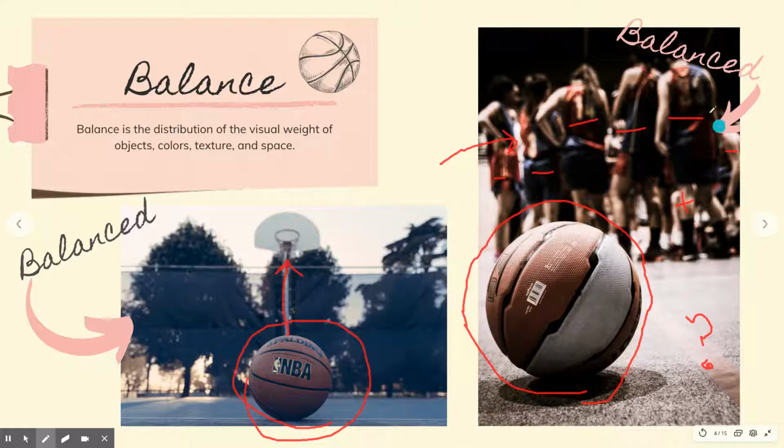We have a lot of people going on up here to balance out this basketball. If these people were in focus, then this might be unbalanced because we would be looking at these people and there would be a conflict of interest for our eyes.